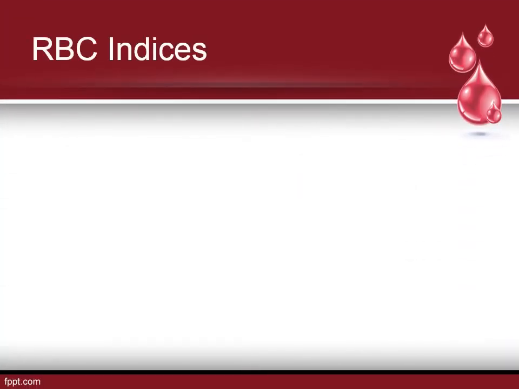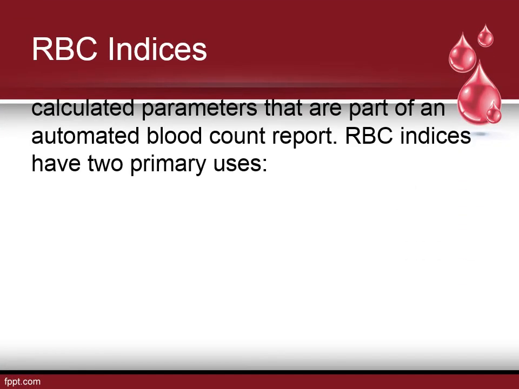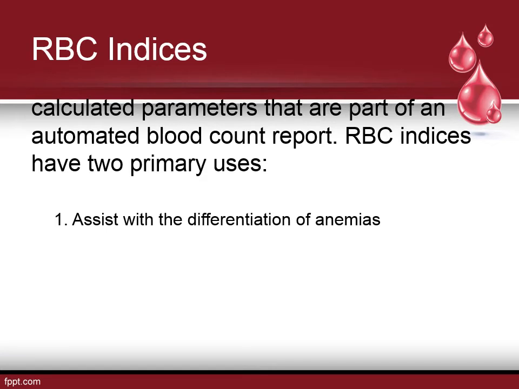So what are RBC indices? RBC indices are calculated parameters that are part of an automated blood count report. They have two primary uses: to assist with the differentiation of anemias, and to serve as quality control checks.